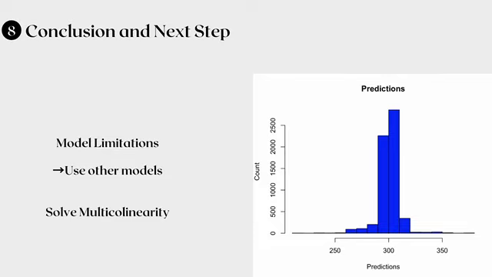To address this, we should explore more advanced models beyond linear regression to investigate issues like collinearity and multicollinearity, and fix any problems that affect the interpretability and functionality of linear models. Thank you for listening.